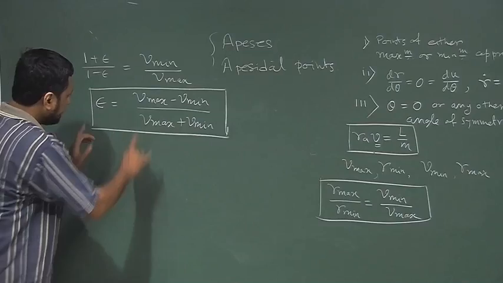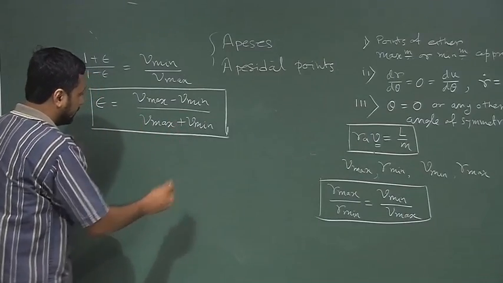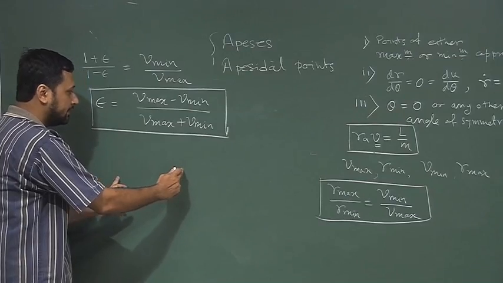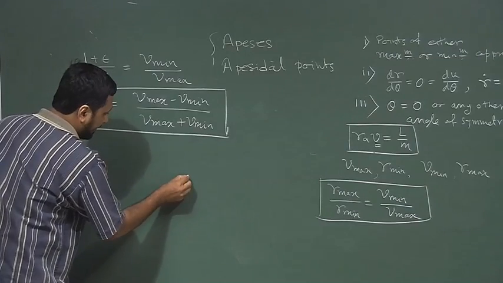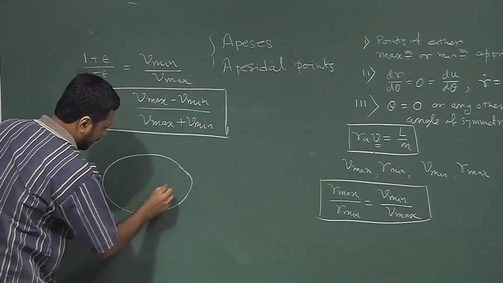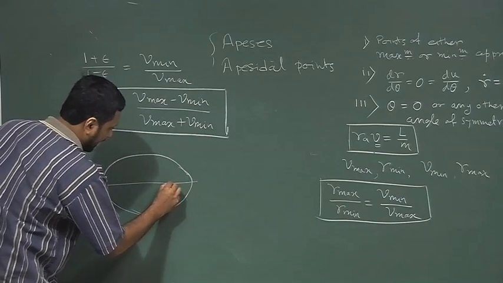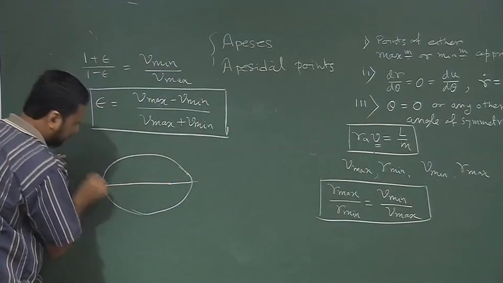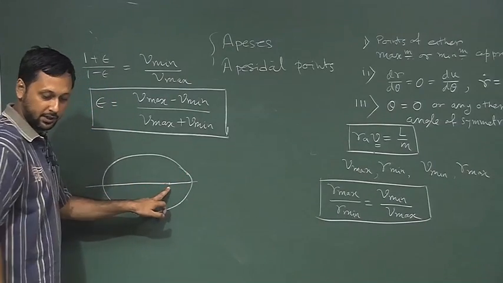Now, this relation is extremely useful, because in an elliptical orbit, if we know the speed at the apsidal points, by the way, if this is my elliptical orbit, this is my apsidal line, this is the r_min, and there are specific names for it, especially for an elliptical orbit.